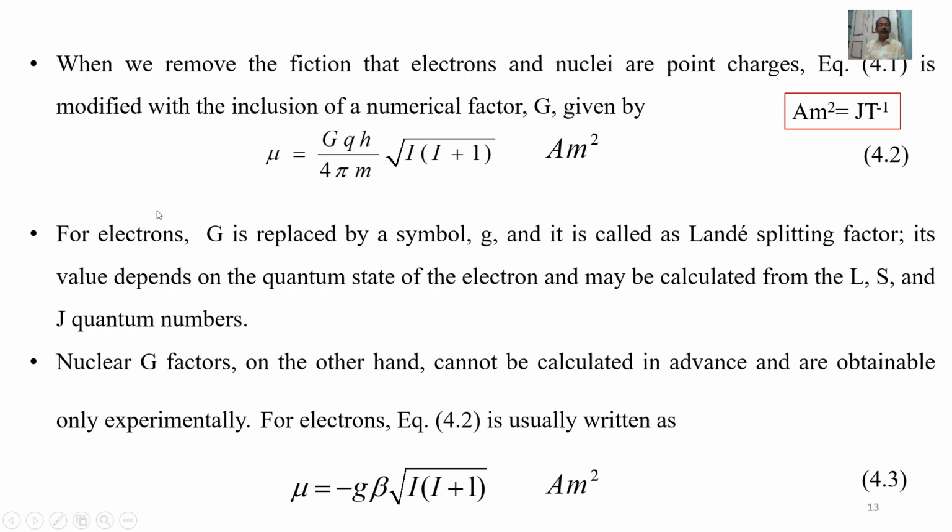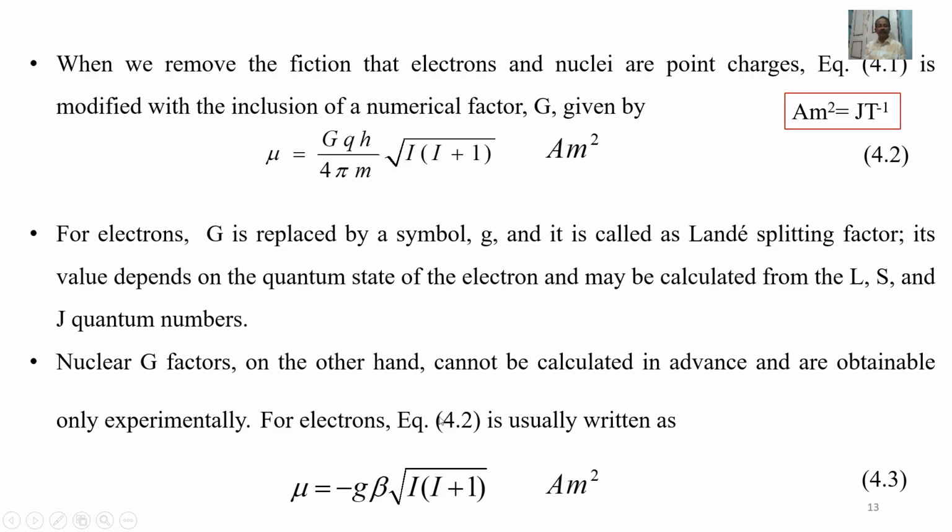For the electron, this capital G is replaced by small g, which is the Landé splitting factor for electrons. Its value depends on the quantum state of the electron and may be calculated from the L, S and J quantum numbers. Nuclear G factors, on the other hand, cannot be calculated in advance and are obtainable only experimentally.